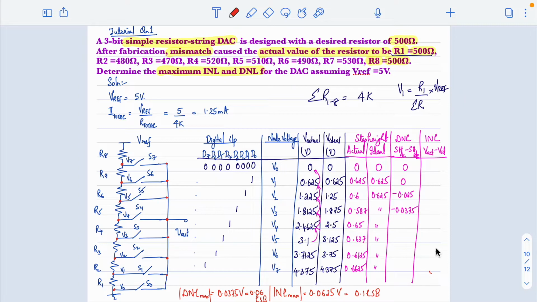So this is how we can calculate the DNL and INL when all this information is given. We know all the resistor values, we can calculate the actual and ideal voltages and the step height, and thereby we can comment on the differential and integral nonlinearity.